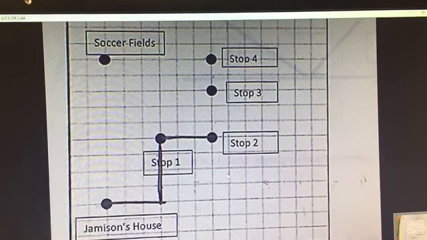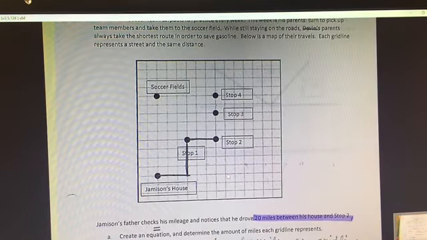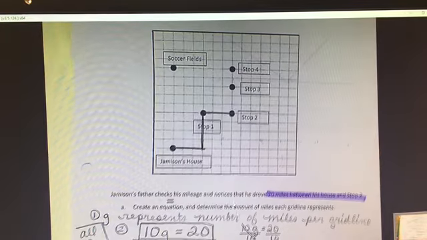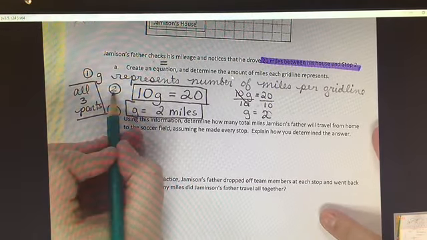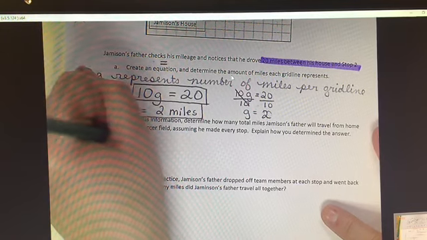Okay, so there are 21 grid lines from Jameson's house until you get to the soccer field. So we know from step 2 that means it's 21G.